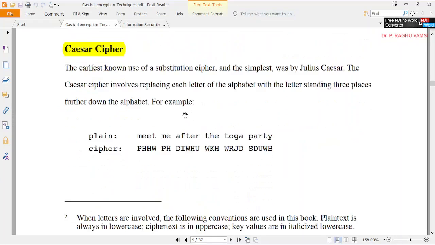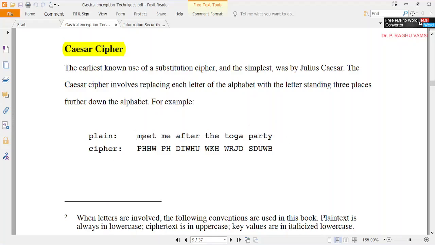So here is an example, the Caesar cipher. The earliest known use of a substitution cipher, and the simplest, was by Julius Caesar. The Caesar cipher involves replacing each letter of the alphabet with the letter standing 3 places further down the alphabet. For example, here is the plain text: meet me after the toga party.